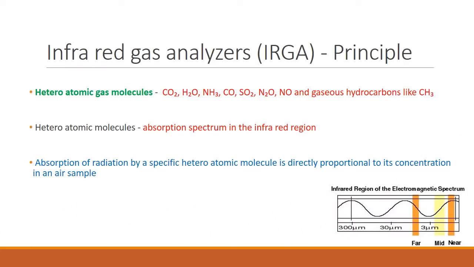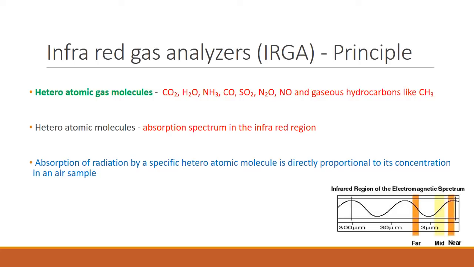Let's see the principle behind the infrared gas analyzer. Infrared gas analyzers are used for the measurement of a wide range of heteroatomic gas molecules, including carbon dioxide, water, ammonia, carbon monoxide, sulfur dioxide, nitrous oxide, or nitric oxide, and also gaseous hydrocarbons like methane.